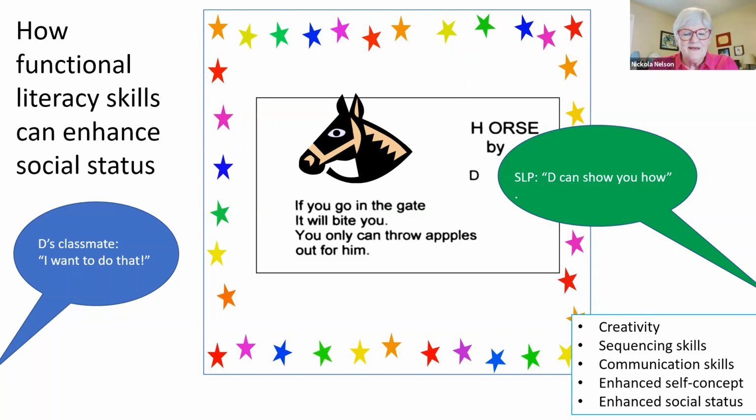And I want to tell you the story of one day, one of his classmates looked over at his work on his computer screen and said, "I'm going to do that." And I said, Dee can show you how to do that. And then I held my breath.